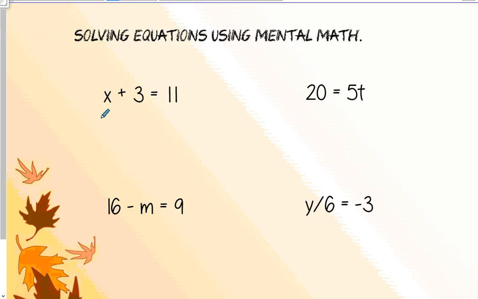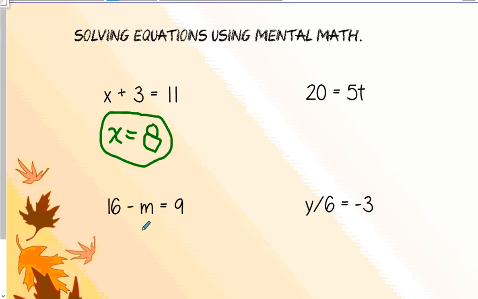What we're asking ourselves is, what number plus 3 equals 11? Well, 11 minus 3 is 8, right? So 8 plus 3 equals 11, and your answer would just be x equals 8.